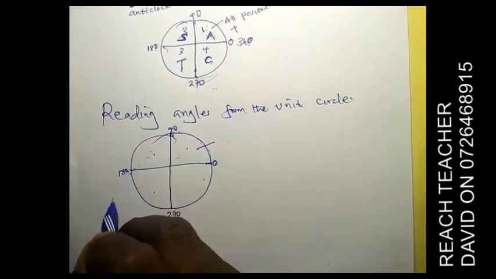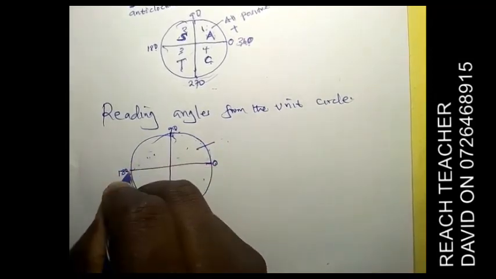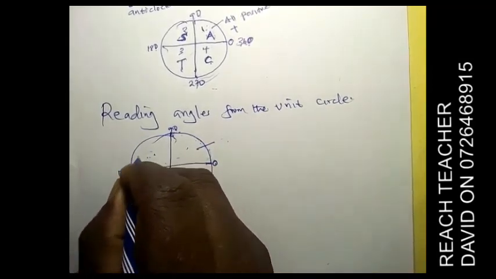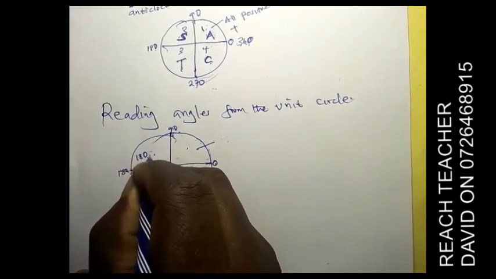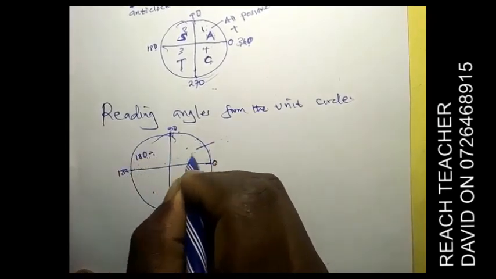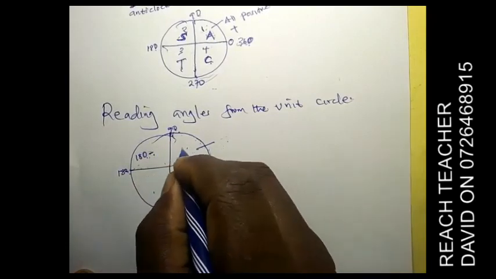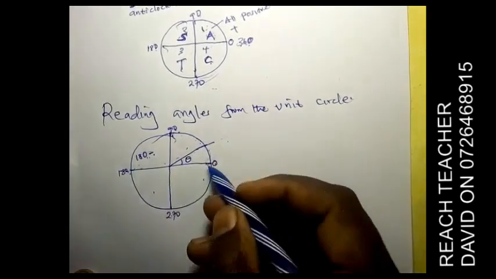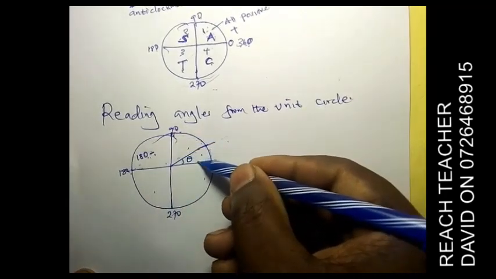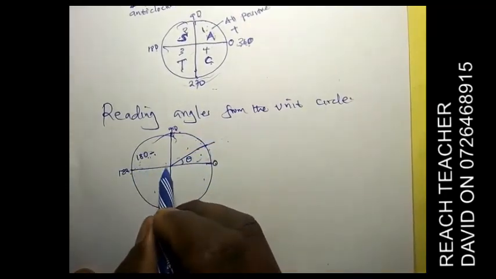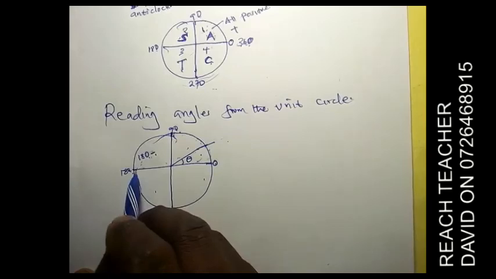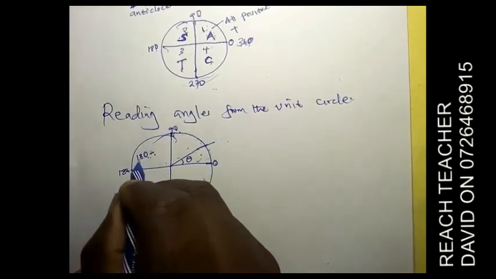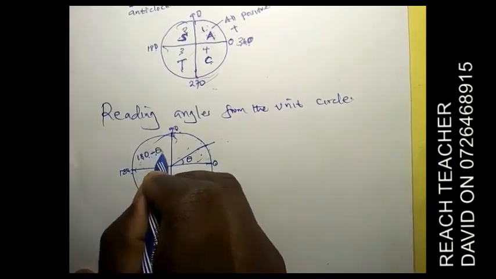In the second quadrant, all angles that are inside here are 180 minus the angle that you will get. If the angle in the first quadrant is theta, then to get the angle in the second quadrant, it is 180 minus theta.